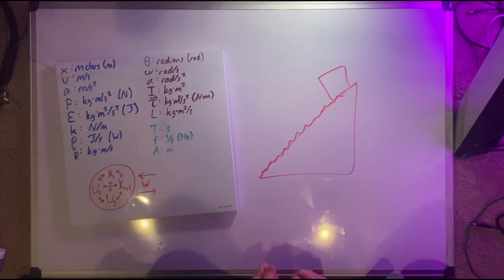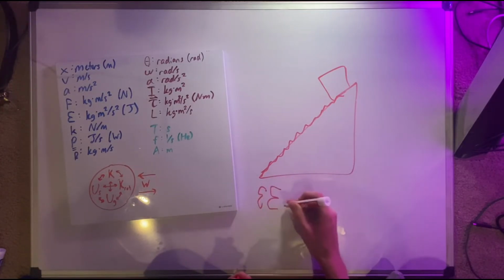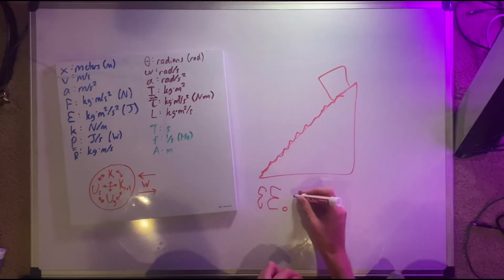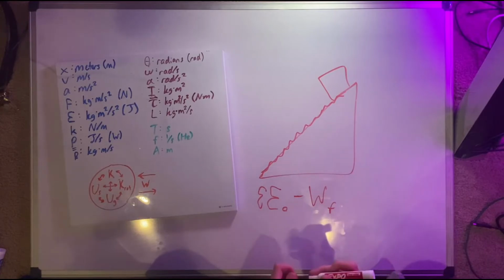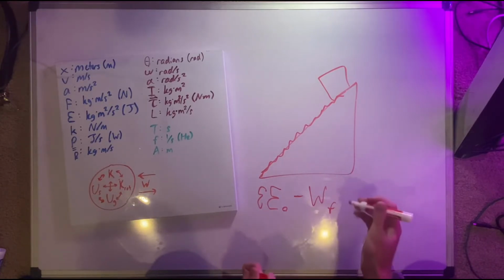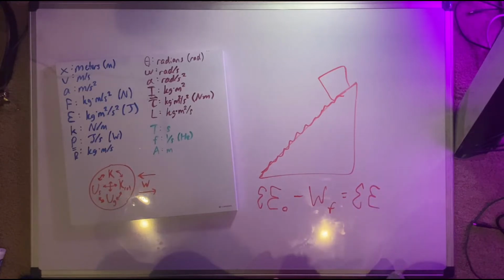So that means that what we're going to get is we're going to start with a sum of energy that will be detracted by the work done by friction. So then it'll be equal to the sum of energy at the very end.